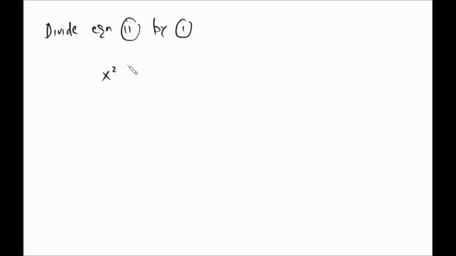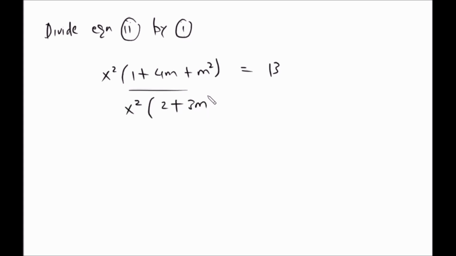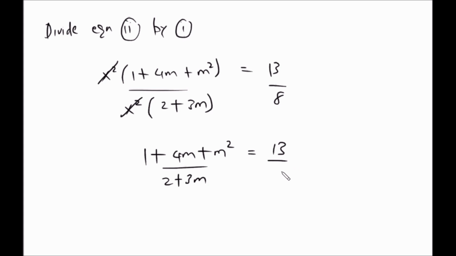Kwa hiyo kule juu tuna x squared, so tuna 1 plus 4m plus m squared is equal to 13. So tutagawanya na x squared, tulibaki na 2 plus 3m is equal to 8. So tumegawanya. So you can see huyu na huyu wanaondoka. So tutabaki na 1 plus 4m plus m squared over 2 plus 3m is equal to 13 over 8.